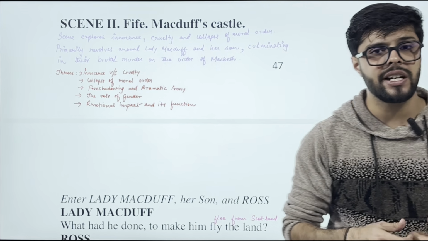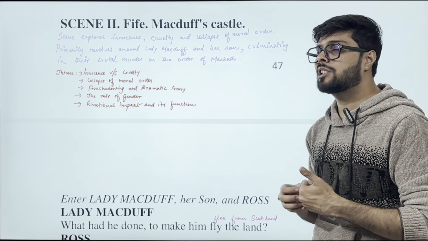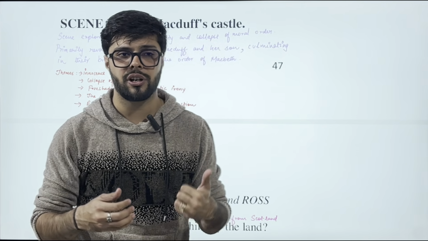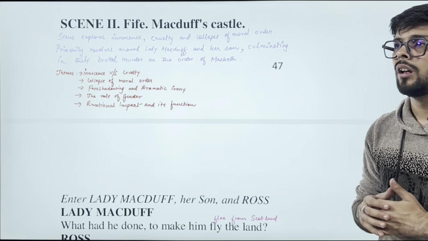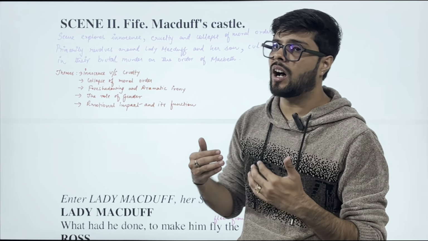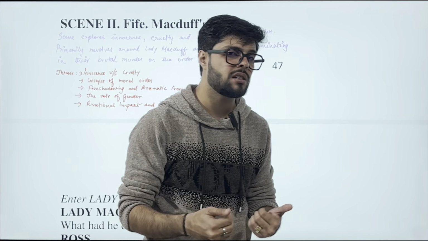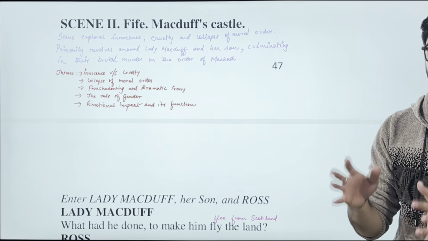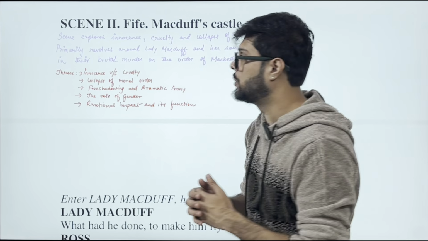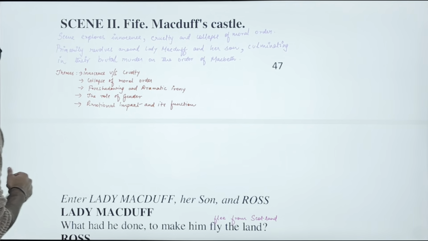She's extremely displeased with that, and she charges upon her son in front of Ross, who is present there, and he tries to mellow her down, followed by Macbeth's hired assassins who enter the scene to take down Macduff's family. That is what the scene is about. So let's get started.